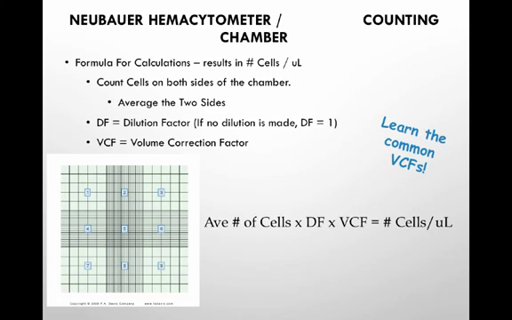For the 4 corner squares, 1 millimeter times 1 millimeter times 0.1 millimeter times 4 gives me 0.4 millimeters cubed. And again, millimeters cubed can also be written as a microliter. The volume correction factor for the 4 corners would be 1 microliter divided by 0.4 microliters, and that would give me my 2.5.